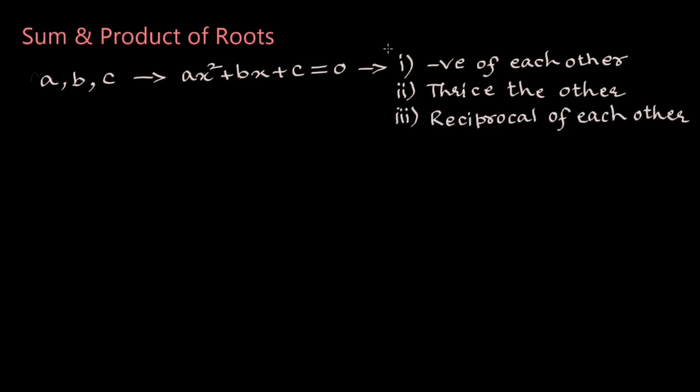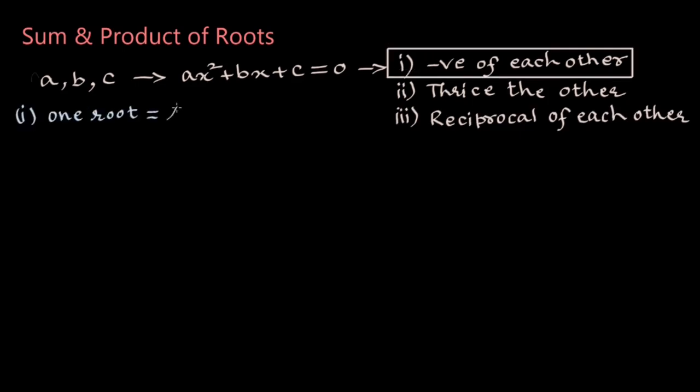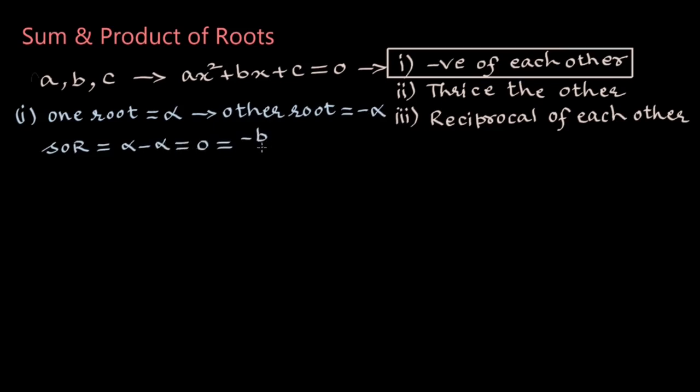Now answering the first question, let one root be alpha, then the other root will be minus alpha. So the sum of roots, alpha minus alpha, will be 0, but this, as we know, is also minus b upon a. So that gives b equals 0. So this is the first condition that we got, b equals 0.